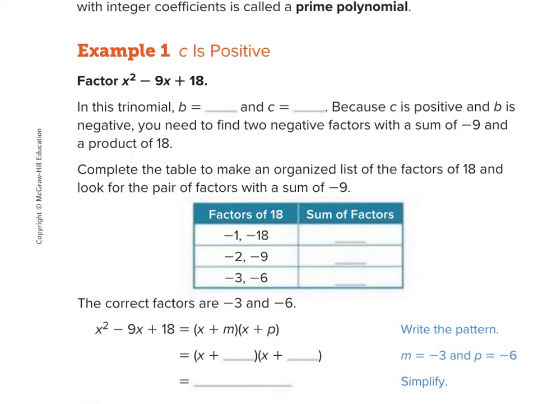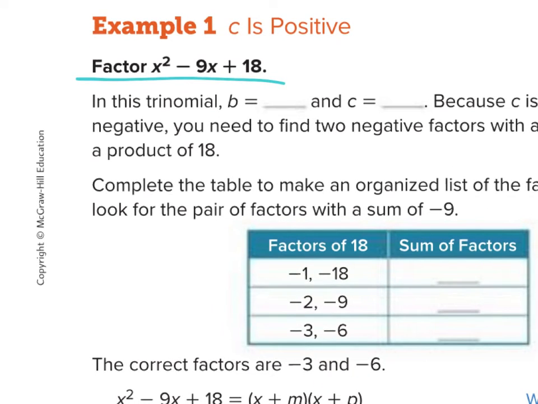The big difference today is we have 3 terms. So I've got x squared minus 9x plus 18. See how there's nothing on this x squared there? That's like a 1, if that helps you. Always check if there's a greatest common factor like we did last time.